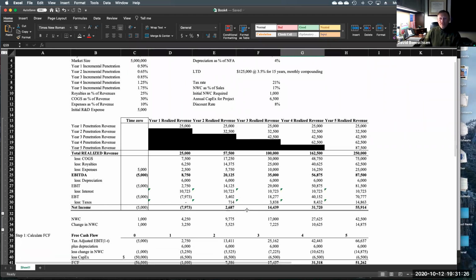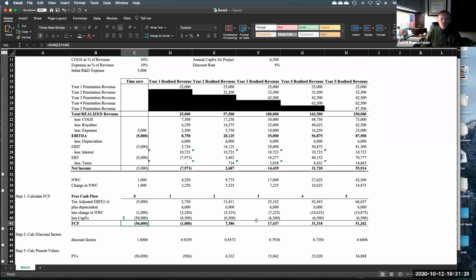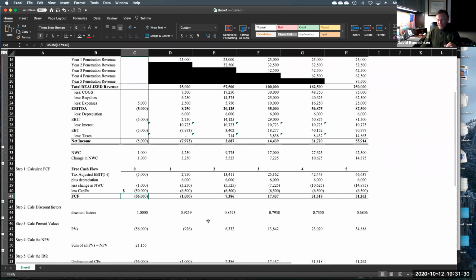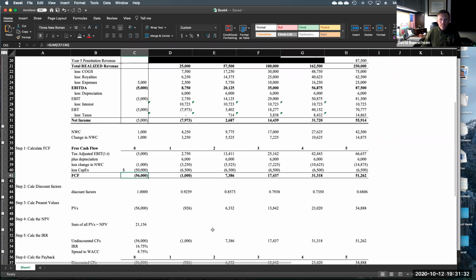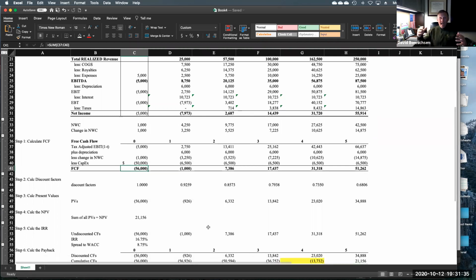The goal is to get to free cash flow. Once we get to free cash flow, then the methodology becomes almost identical from company to company. We have to take some future stream of cash flows and we have to bring it back into today's dollars using the discount factor.